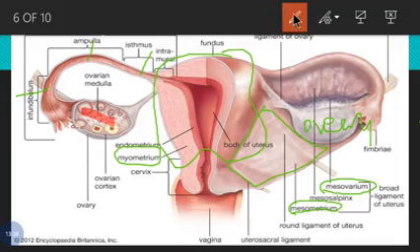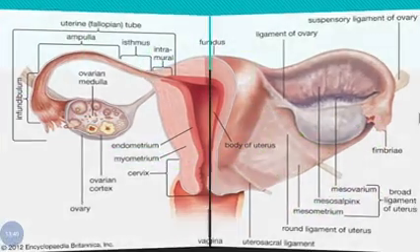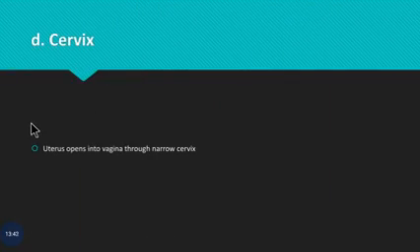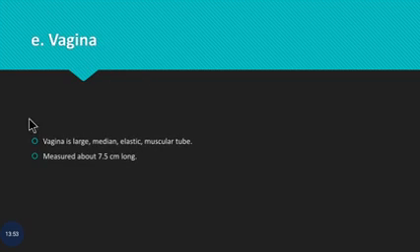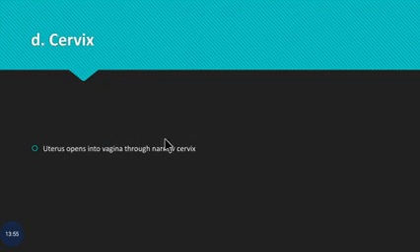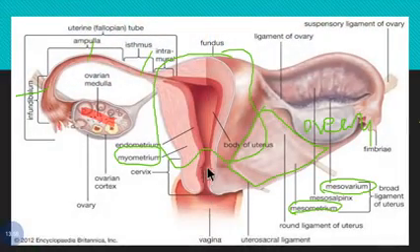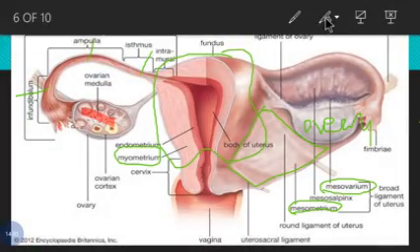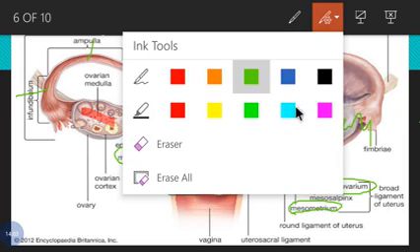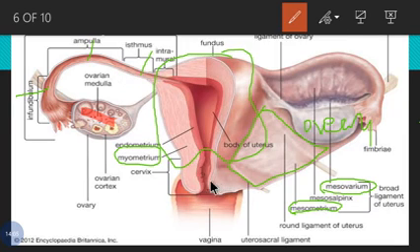Then in the next slide we see the cervix, where the uterus opens into the vagina through a narrow opening, right? So let me show you where the cervix is located. Here I am going to take one color to show you.